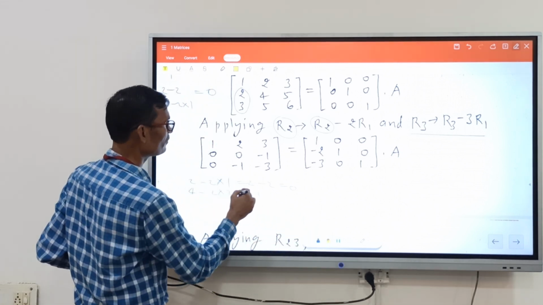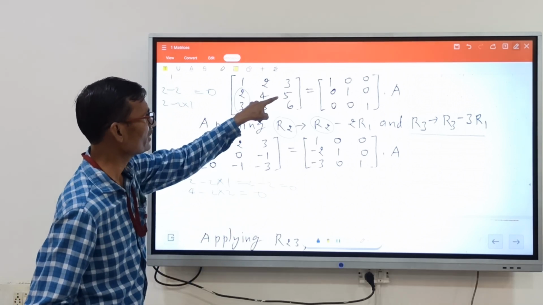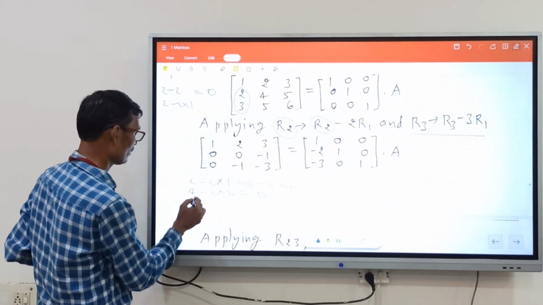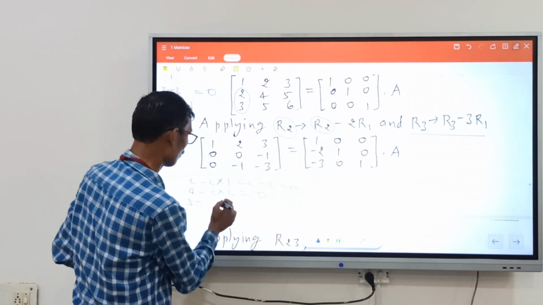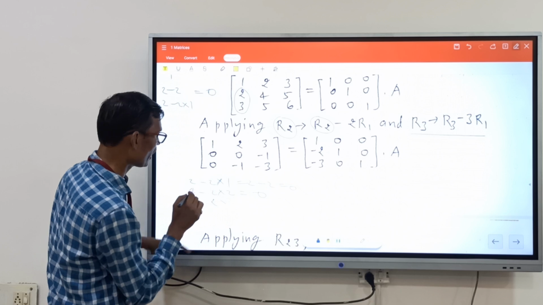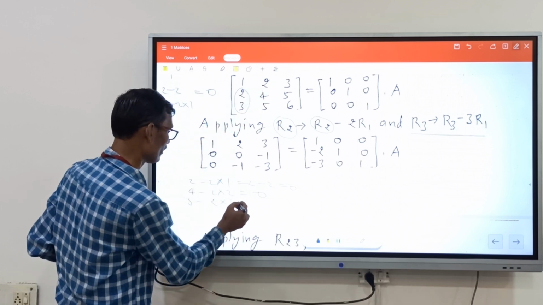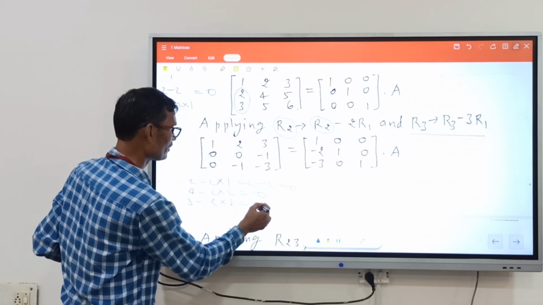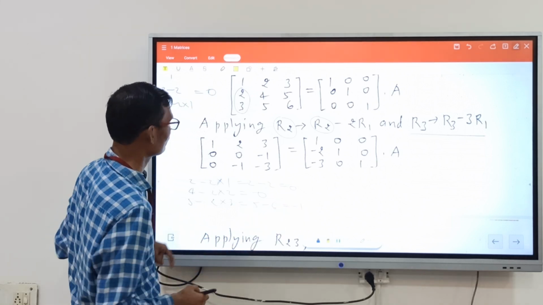Again it will become 0. The next element is 5. 5 minus 2 R1, where the respective element of R1 is 3. So 5 minus 6, that is minus 1.